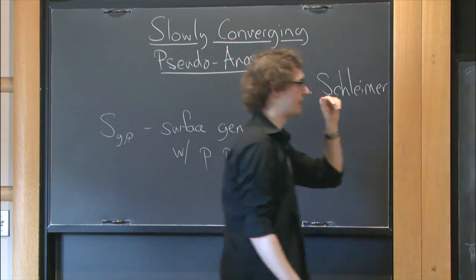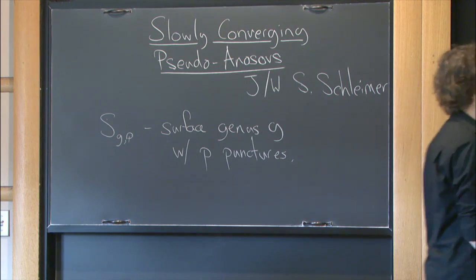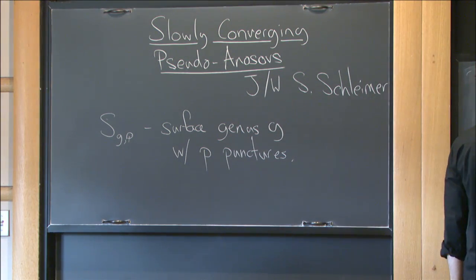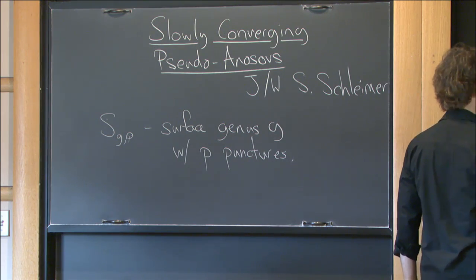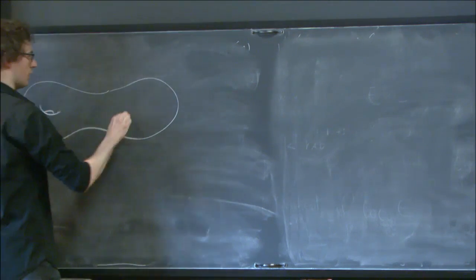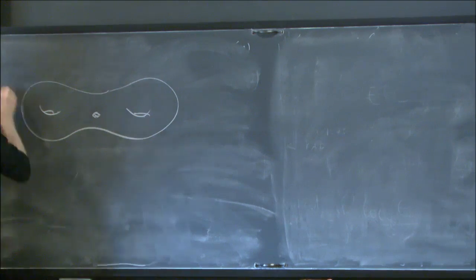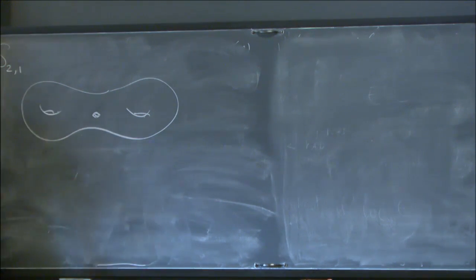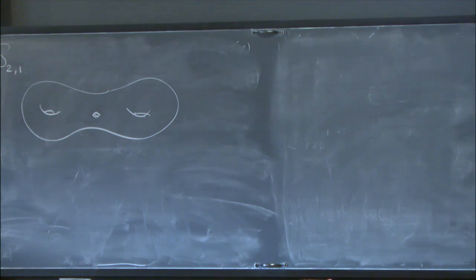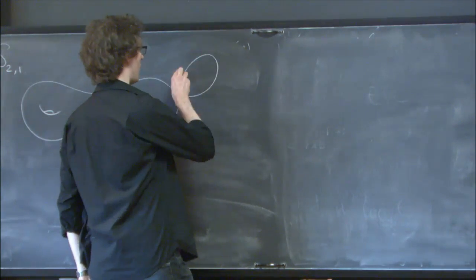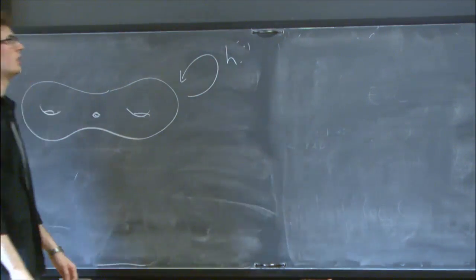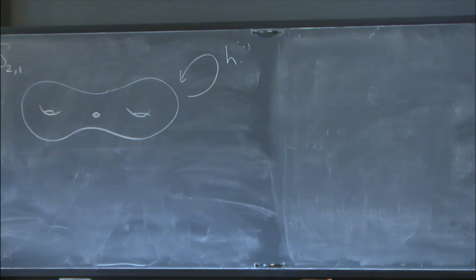Let me begin with a little caricature of one of these, and we can see some of the objects that are going on. Here is a nice copy of the surface of genus 2 with one point punctured out of it. We were interested in thinking about some mapping classes on this surface, so homeomorphisms up to isotopy. I'm going to have some map H that I want to think about, which takes things on this surface to other things on this surface.